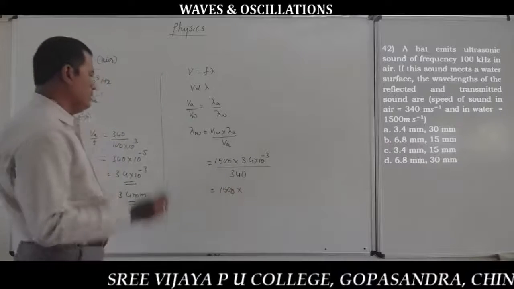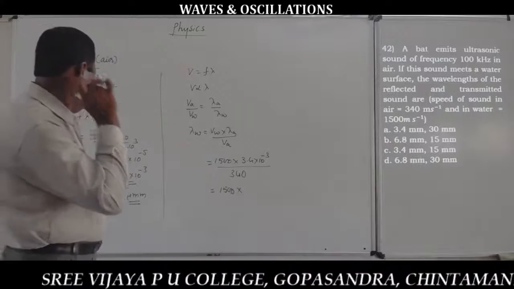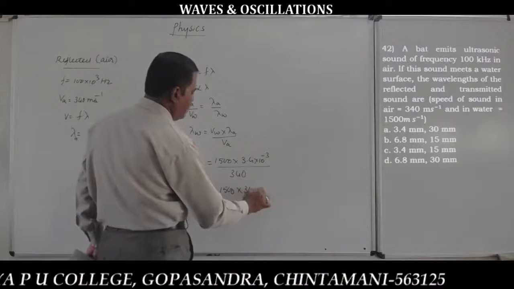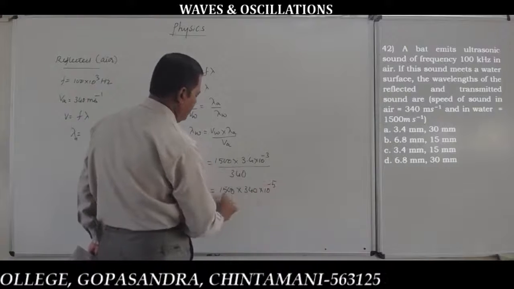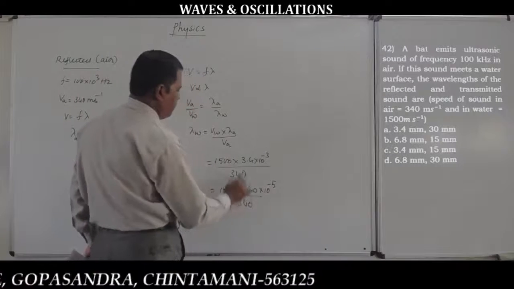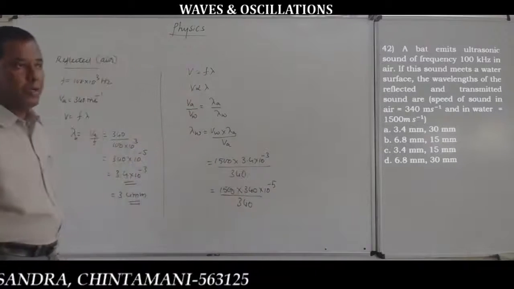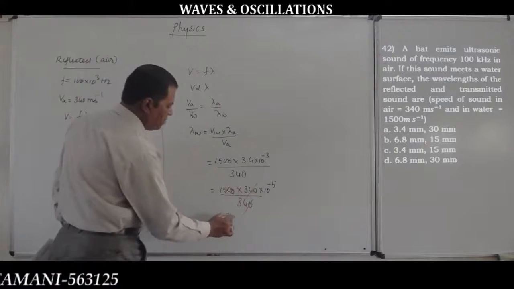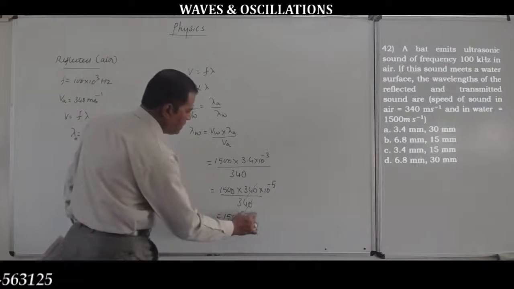1500 into, this can be taken as 340 into 10 power minus 5 divided by 340. 3.4, I have considered as 340 and raised the power by minus 2. 340 gets cancelled. You get 1500 into 10 power minus 5.